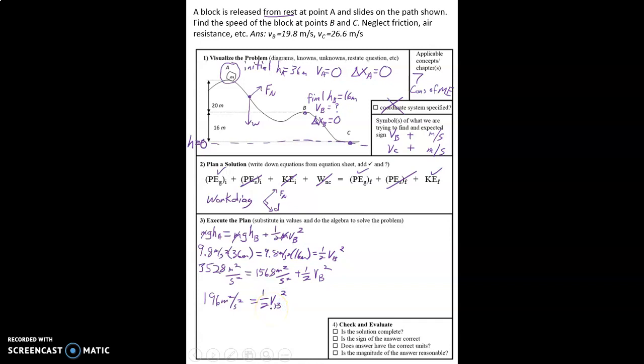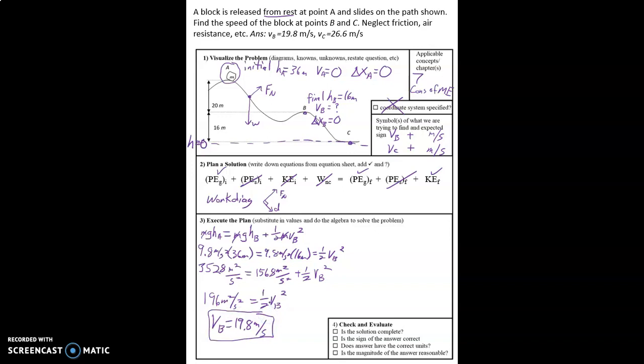We multiply both sides by 2, and then we take the square root, and we get 19.798989. In other words, 19.8. What are the units? We're taking the square root of meters squared per second squared, so we get meters per second.